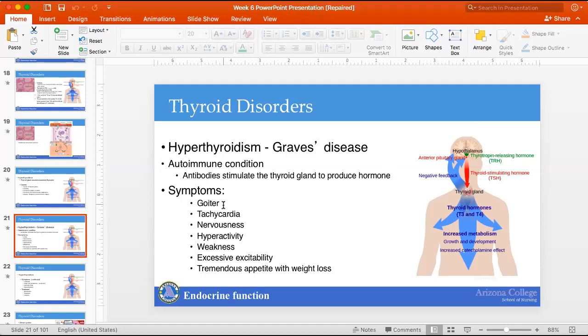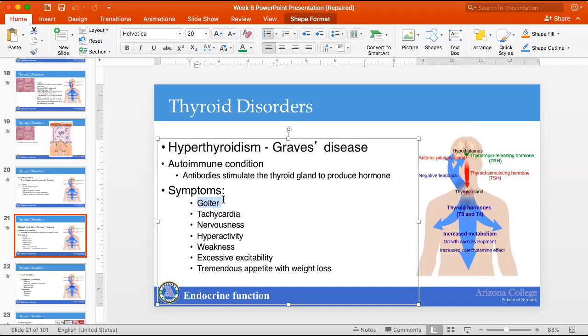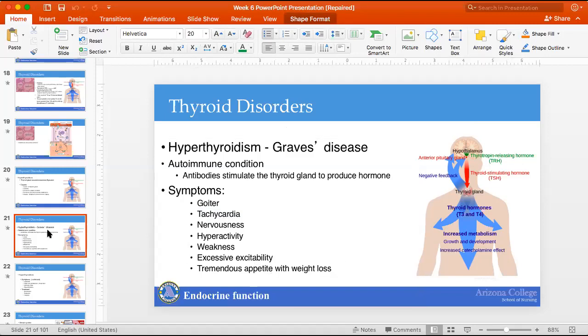So symptoms would be a goiter, as I was mentioning earlier, that would be that enlarged bulge on the front of their neck, tachycardia or fast heart rate, nervousness, hyperactivity, weakness, mostly because the internal environment is so ramped up that it leads to a weakness of their body in general, excessive excitability, and tremendous appetite with weight loss. So they may be very hungry, and may eat quite a bit, but they'll still lose weight.